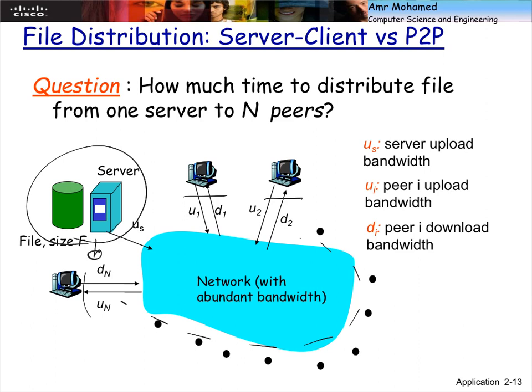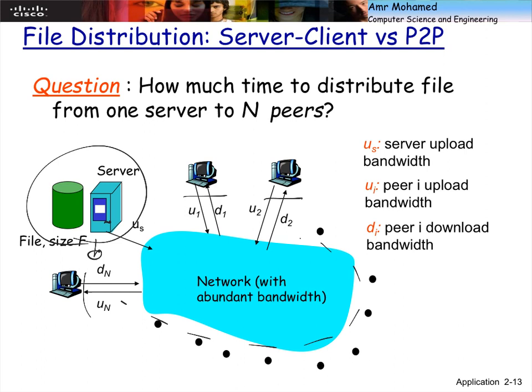The difference between client-server and peer-to-peer is as follows. The server, for client-server, will have to be the only source of this file content to all the N clients. For peer-to-peer, however, there is a file distribution scheme that can be used in order to break down the file into pieces and distribute all these pieces to all the N clients.